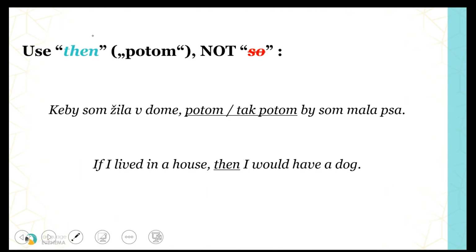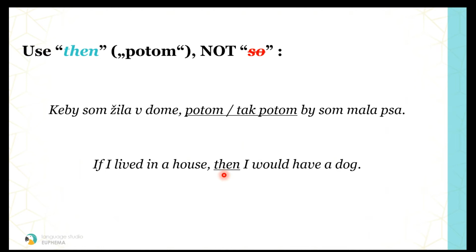And it's this word then, not so. So in Slovak it would also make sense. Keby som žila v dome, potom by som mala psa. In English, if I lived in a house, then I would have a dog. It's completely correct, so you can use this alternative then.